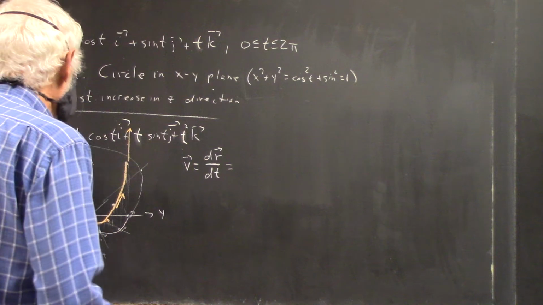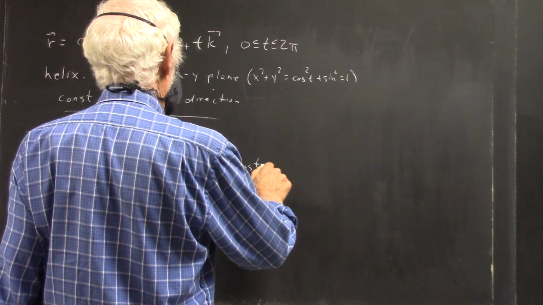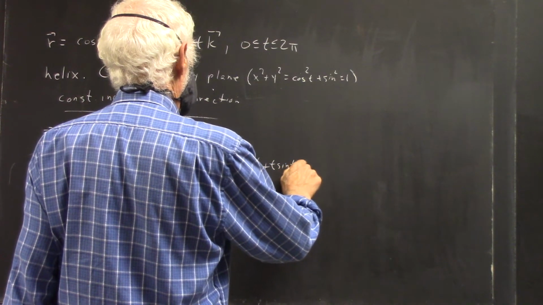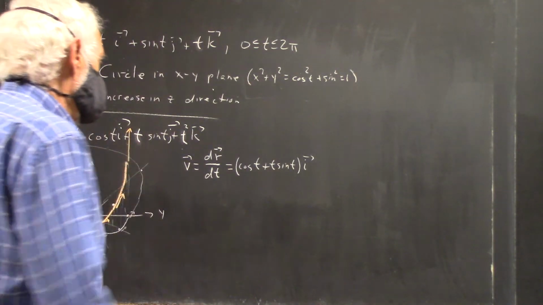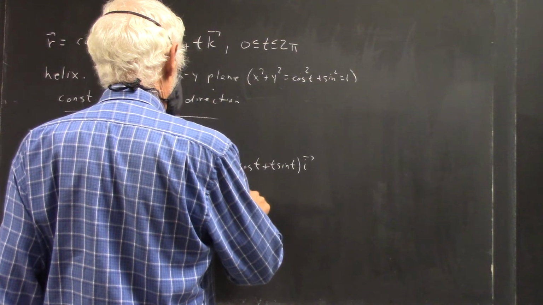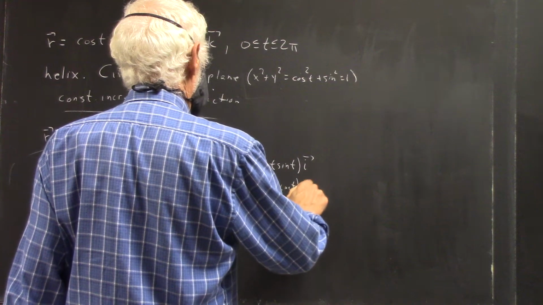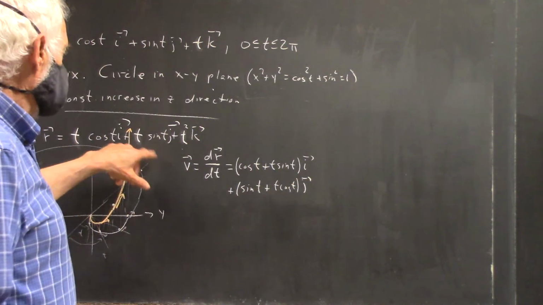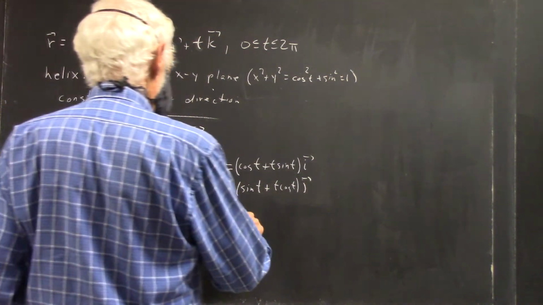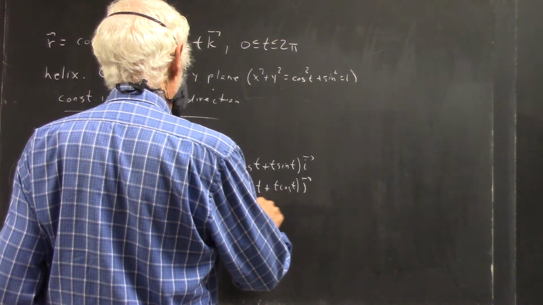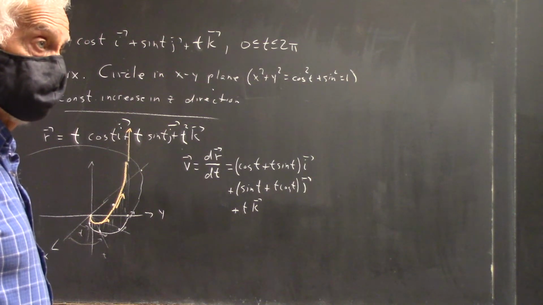Well, by the product rule, it equals cosine t plus t sine t i, and then put these in a column. Derivative of this is going to be sine t plus t cosine t, and then plus t k. Make sense?